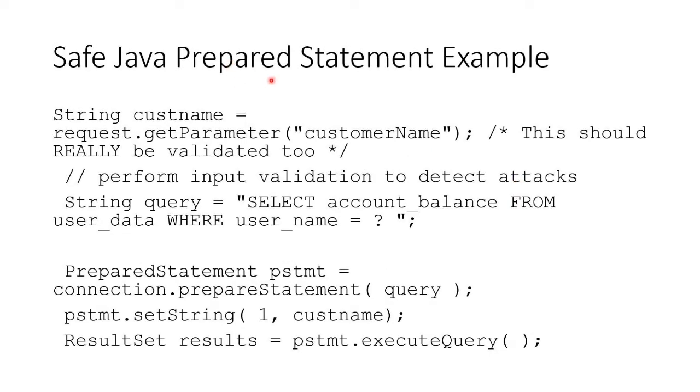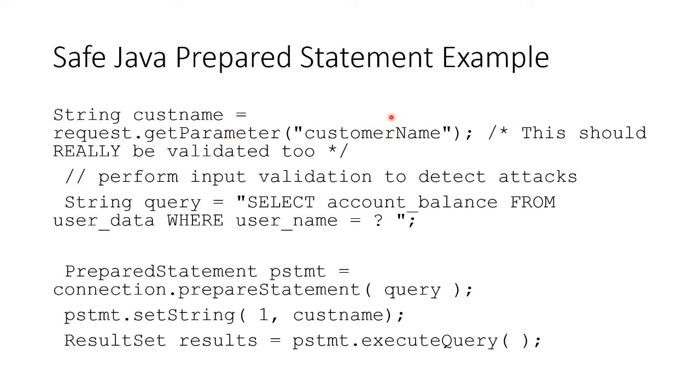In Java, this would be a prepared statement where you have predetermined some things. This is just one example, not trying to teach you Java per se, but just so you can see an example of this. So we are saying that there's a string, it's called customer name. And it is make a request, get the parameter customer name.